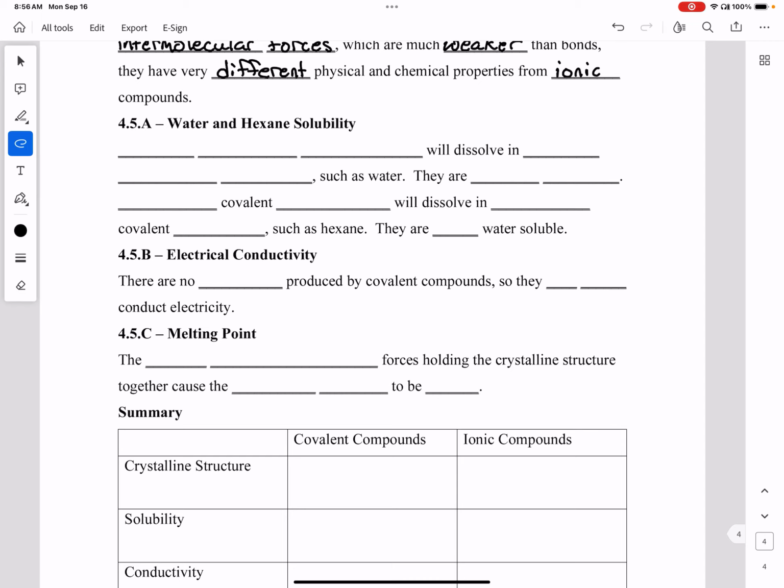So let's compare water and hexane solubility. It depends on what type of covalent compound you have. So polar covalent compounds will dissolve in polar covalent solvents.